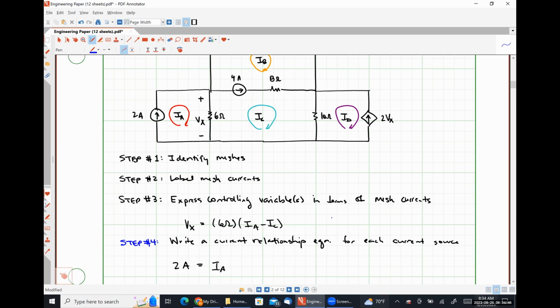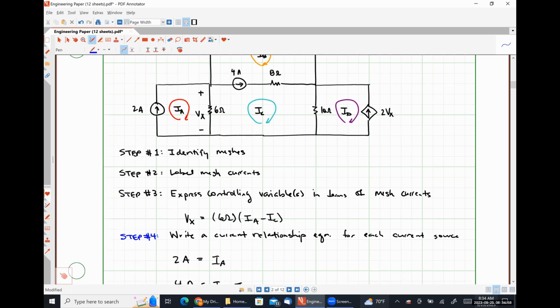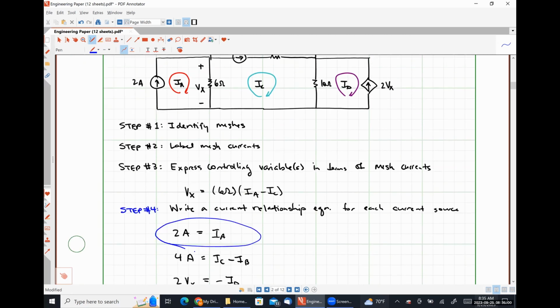Okay. So anytime we have a current source on the perimeter of the circuit, so on the outside edge, we are only going to have the current relationship equation, right? So all of the information we need for mesh current A is this guy right here. Okay. So because that 2 amp current source is on the outside edge, we cannot write a KVL equation.